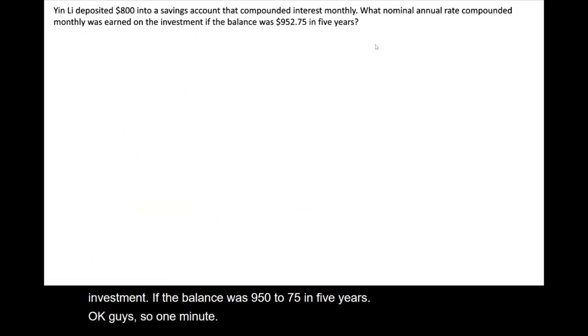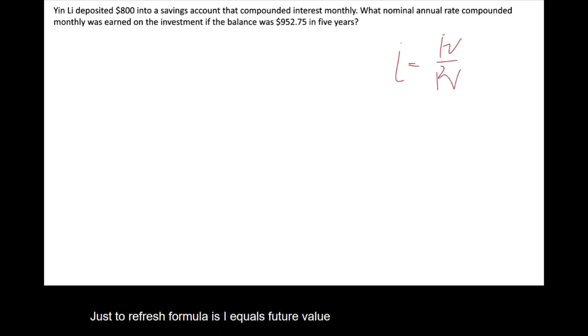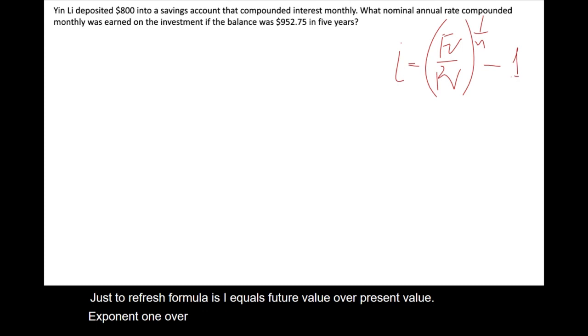Do it. Just to refresh, formula is i equals future value over present value, exponent 1 over n, minus 1. That is the formula.